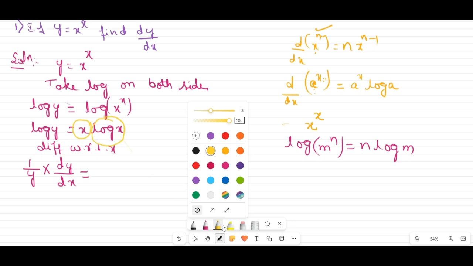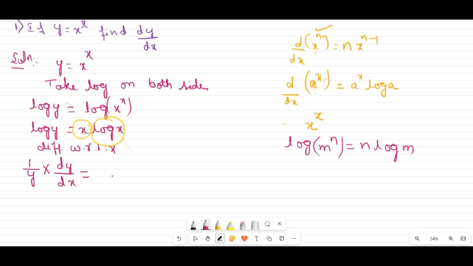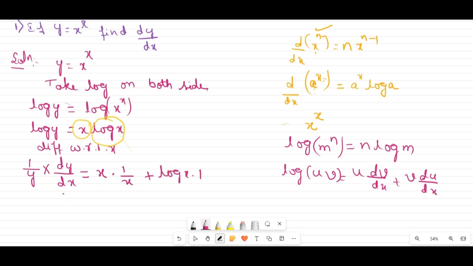So we must apply the product rule: u into dv by dx plus v into du by dx. So x into the derivative of log x, which is 1 by x, plus log x into the derivative of x, which is 1.